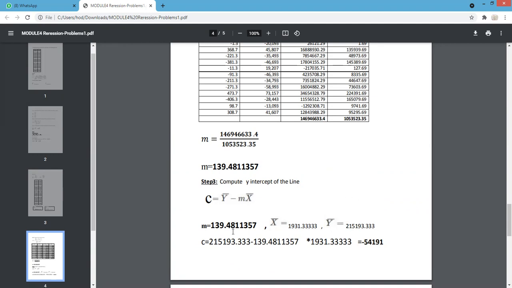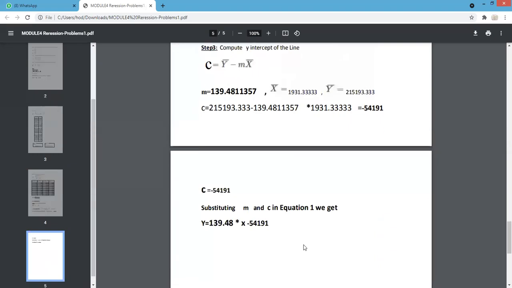So when you subtract y bar minus m into x bar, you get the value minus 54191. So c will be equal to minus 54191.